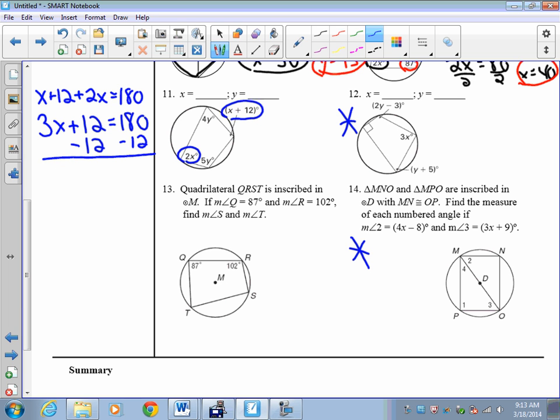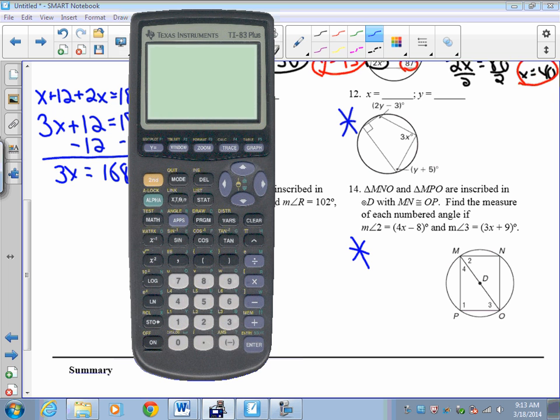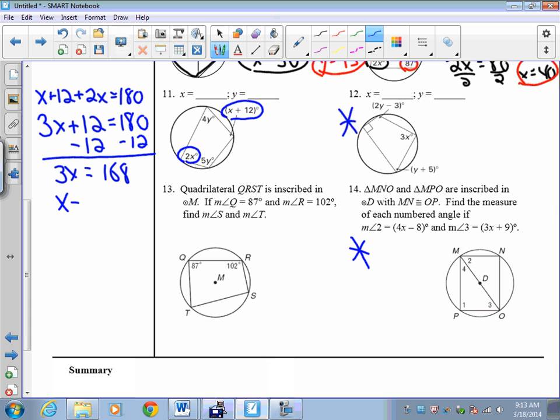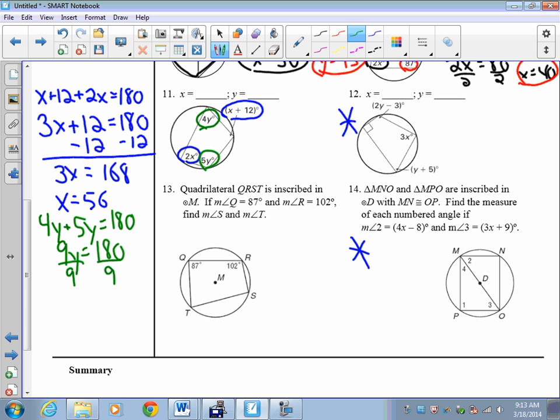We subtract 12. So we get x is equal to 56. And if I solve for y, so just simple algebra. y is 20.